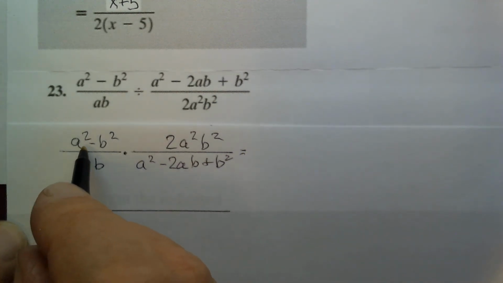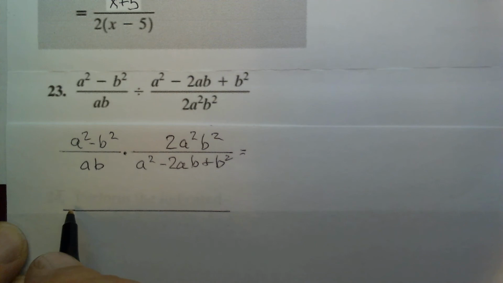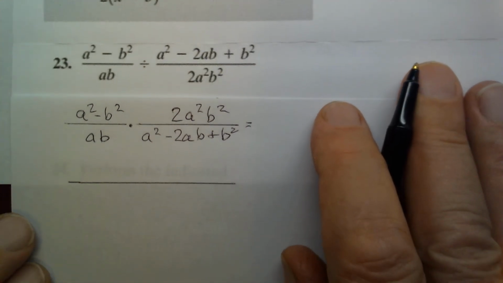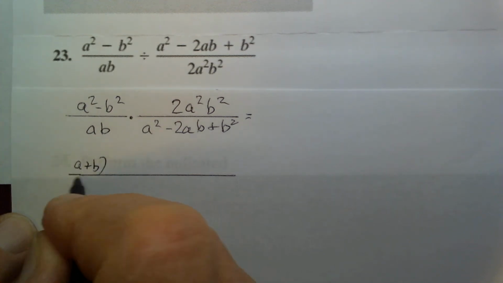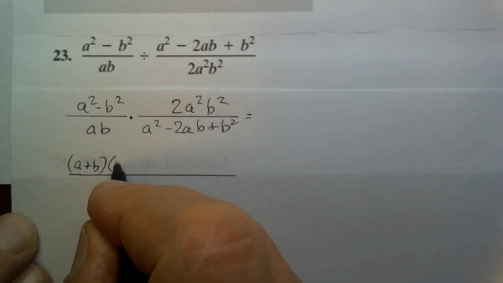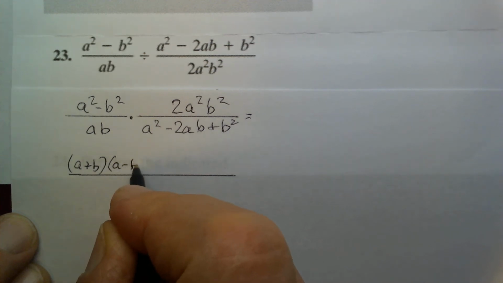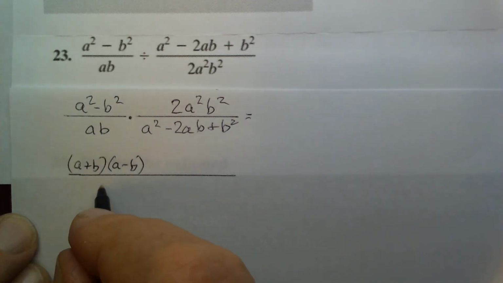Now again, we realize that a squared minus b squared is the difference of 2 squares, and so we know that that factors into a plus b times a minus b divided by a times b.